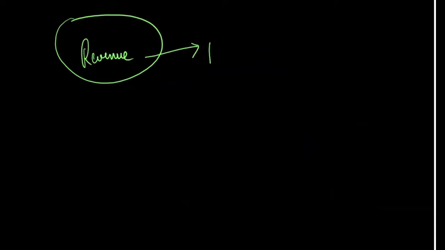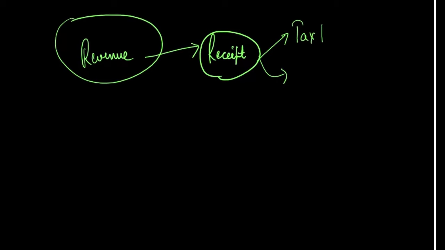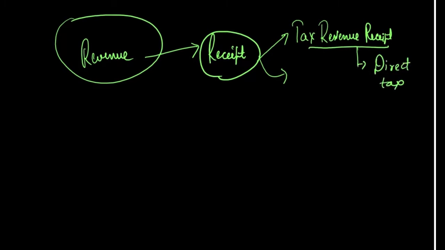If we take the revenue receipts in detail, these receipts are further divided into two. One is tax revenue receipts, for example, direct tax or indirect tax.